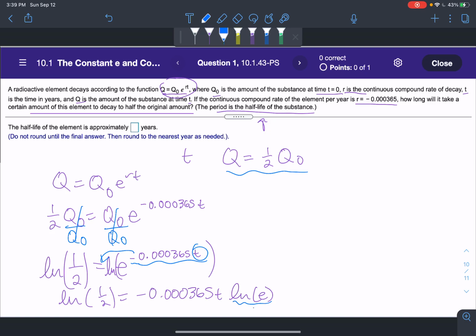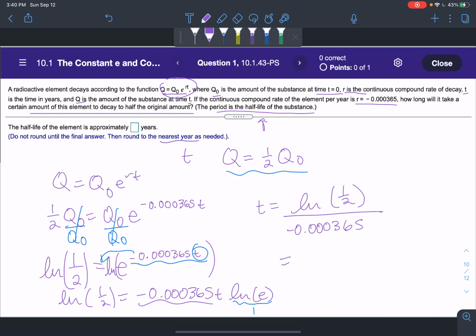And so to solve for T, I'm just going to divide out my rate. So T is equal to natural log of 1/2 divided by the rate, negative 0.000365. We are rounding to the nearest year, and so I got 1899. Okay, let's do one last problem.